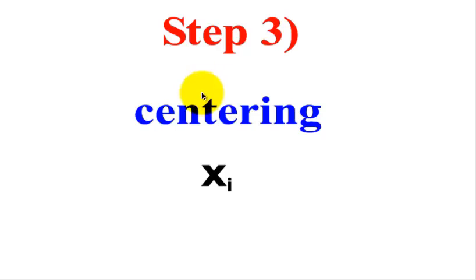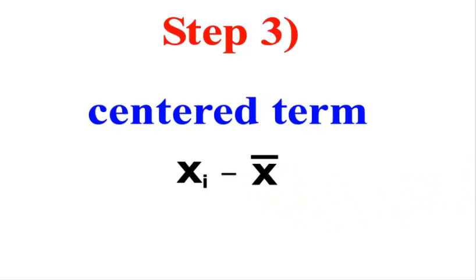To center, you take each subject's score on each of the IVs and subtract the IV's mean from it. The difference between the two is the centered term of that variable.